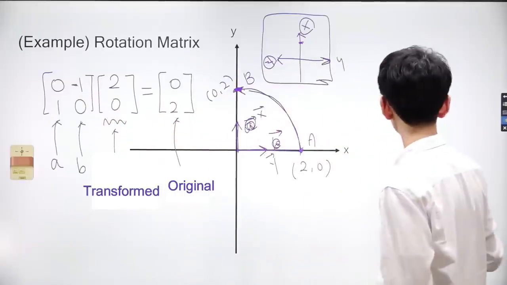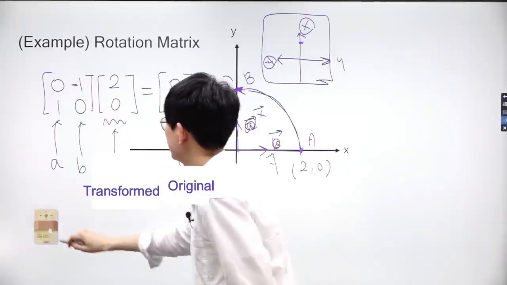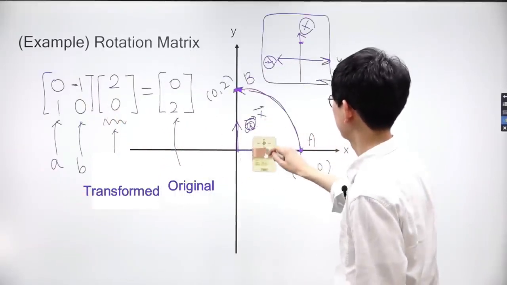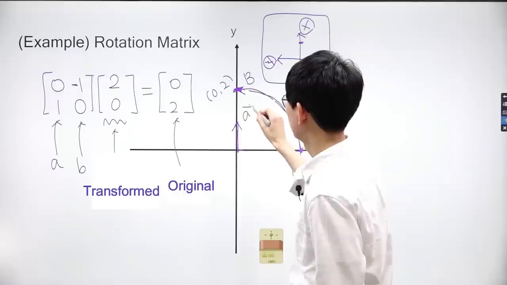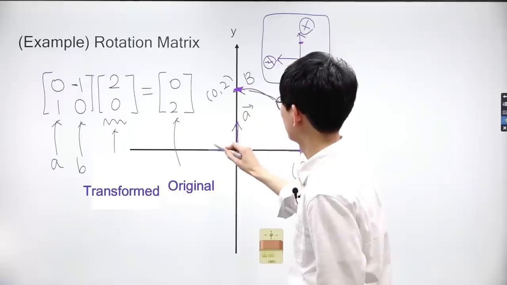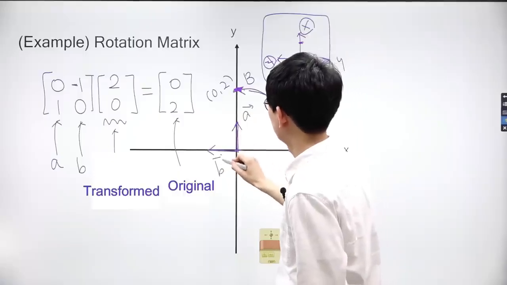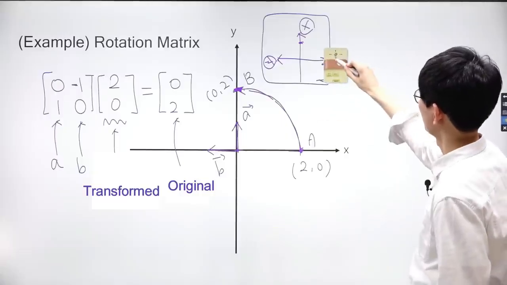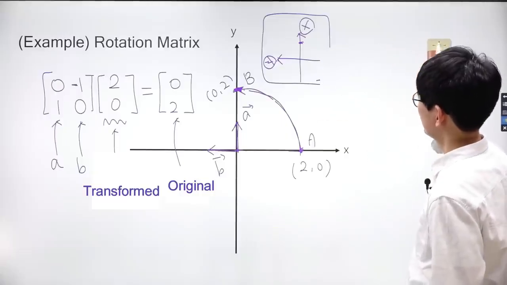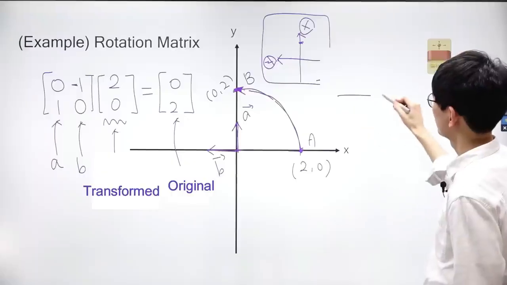Let's consider the values 0, 1, -1, and 0 as potential entries for the matrix. Let's denote these vectors as A and B. The coordinates of vector A are 0, 1, while the coordinates of vector B are -1 and 0. That's what vectors A and B look like.